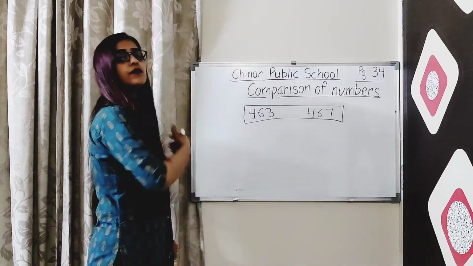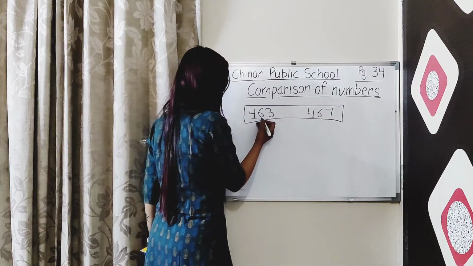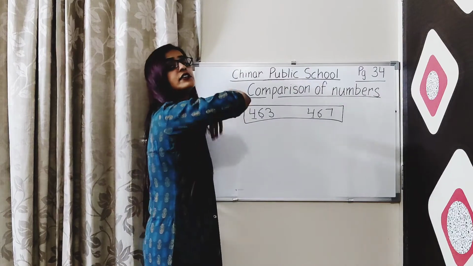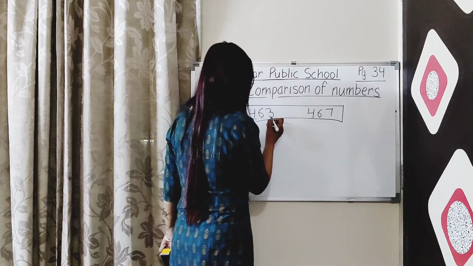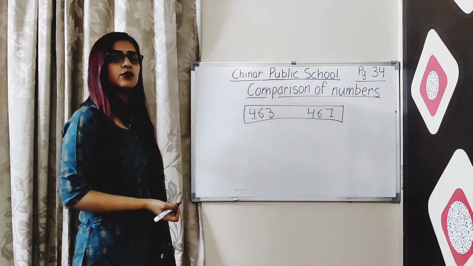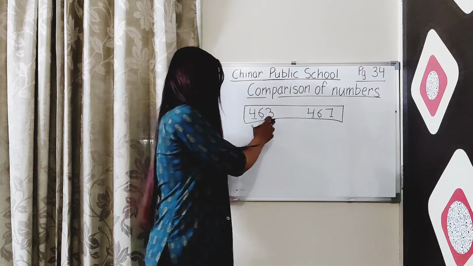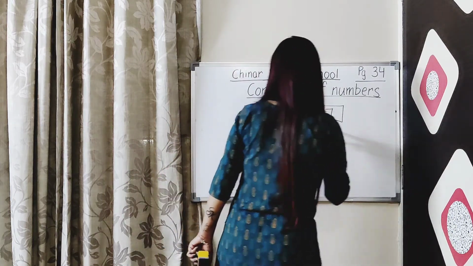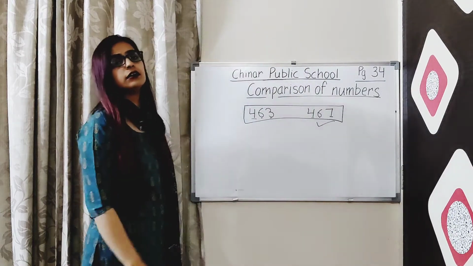Same digit, so we will jump to the next digit. It is 6 over here, again 6. So now we will jump to the next digit. It is 3 over here and 7 here. Now tell me which one is the greater number, 3 or 7? 7 is greater. So this one will be the bigger number.